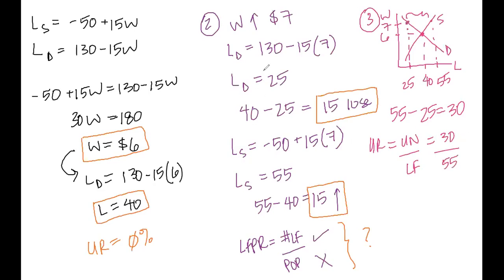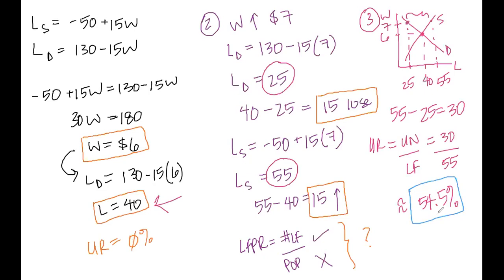And I got each of these two numbers over here from before I compared them to what our original equilibrium was, just to backtrack a little bit. So then this fraction comes out to be 54.5%. And that is our answer for the unemployment rate.